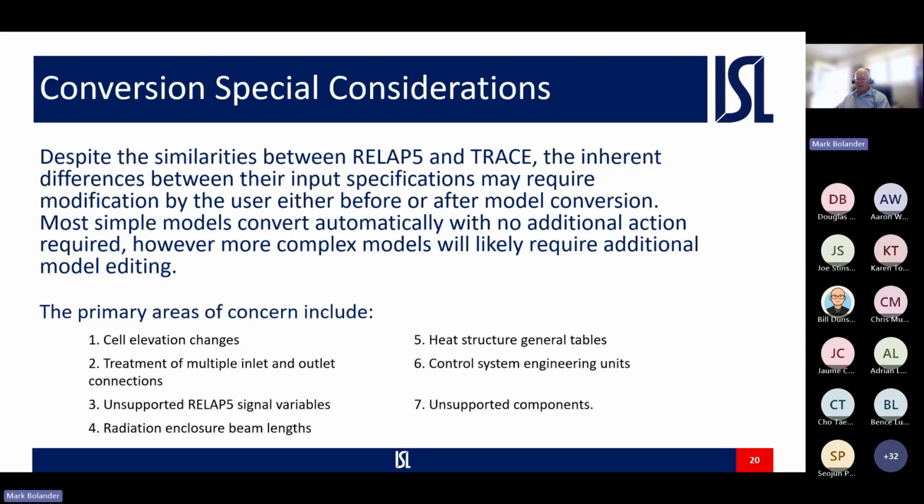It can give you some heartburn, and unsupported components. We'll go over each of these briefly and look at what the concerns are that you probably need to watch out for.